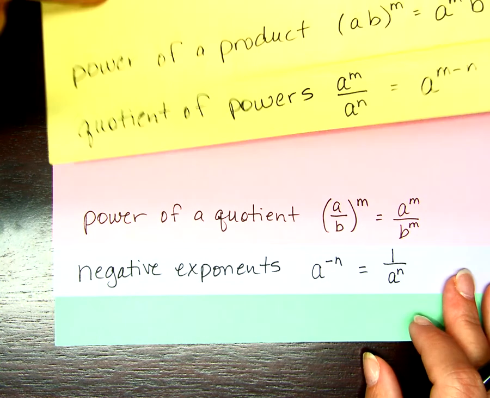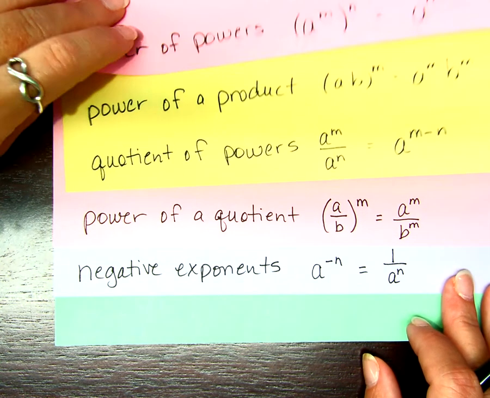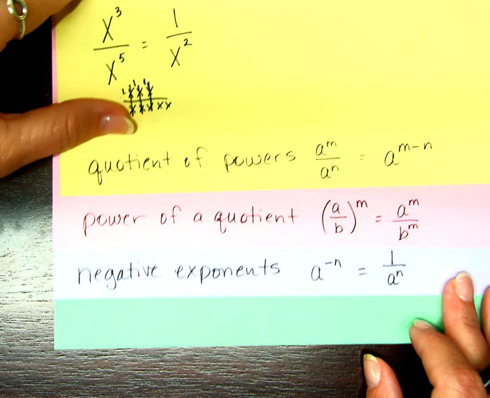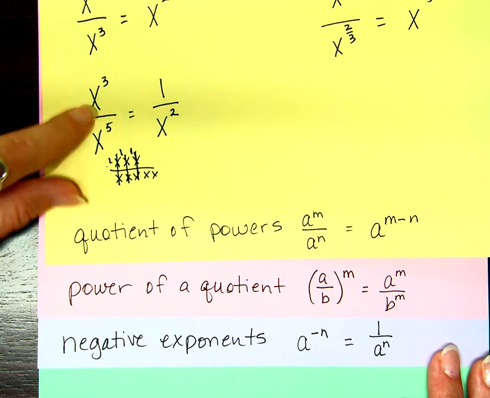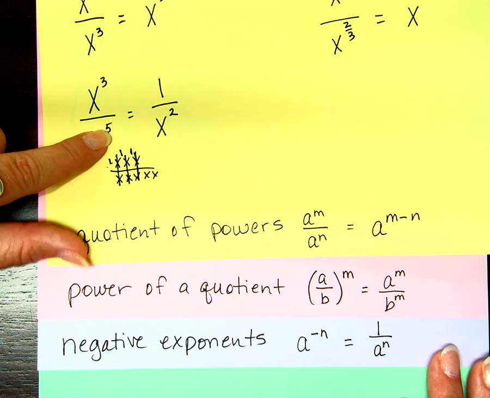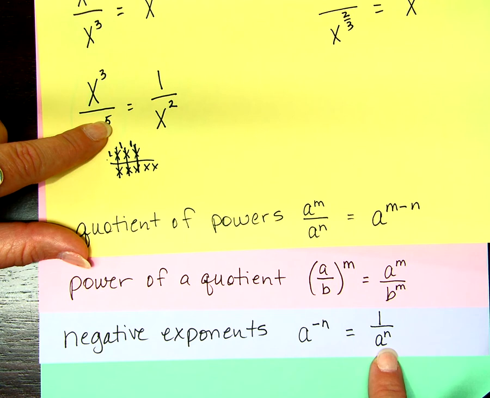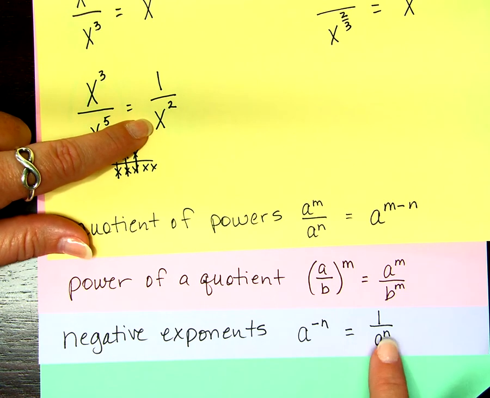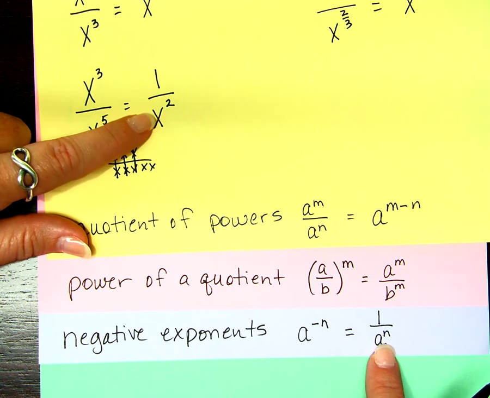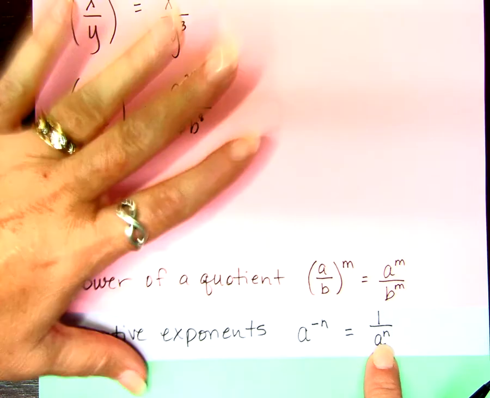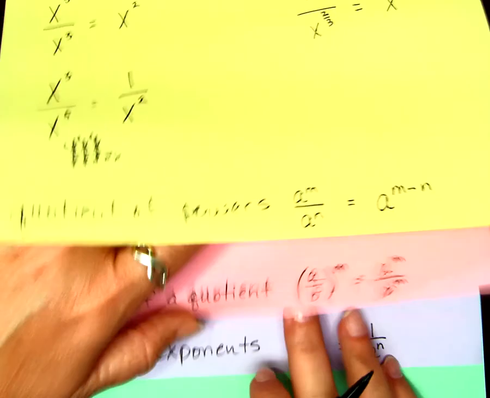Now we could have talked about that right up here, because if I have 3 minus 5, that's negative 2. But what is it saying for me to do with the negative 2? Move it to the denominator. And when I move it to the denominator, is it negative anymore? No. Okay.